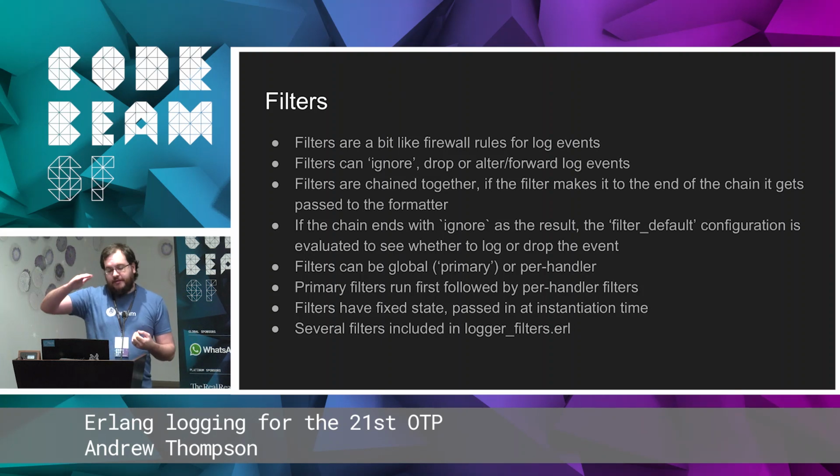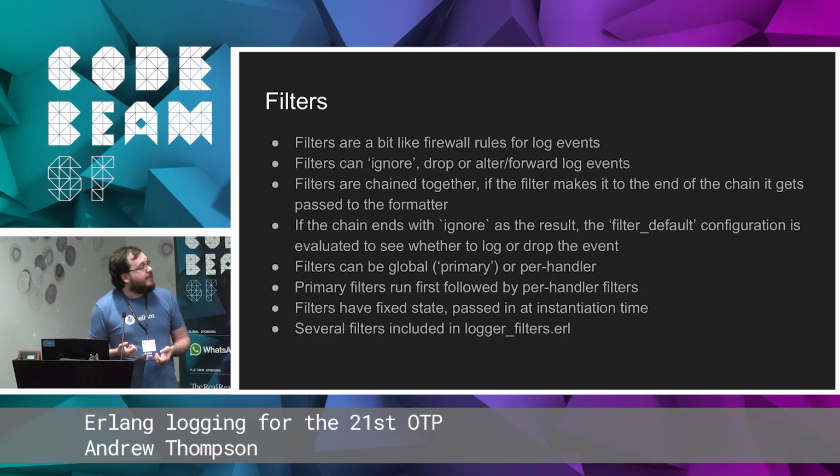You chain the filters together, so it runs down the list of filters you've got. If the message makes it to the end of the chain, it gets passed on to the formatter. Unless the last filter in the chain returns ignore, at which point there's a configuration variable that decides whether ignore means drop or pass. I think by default it passes.